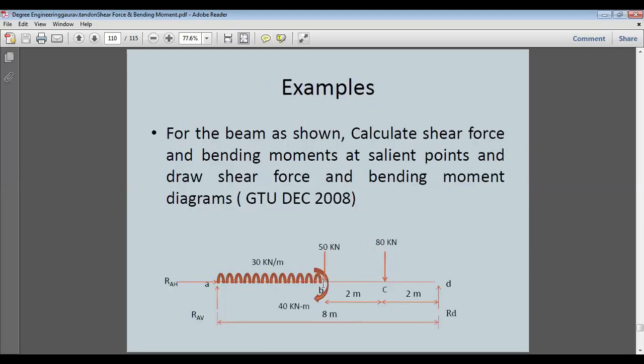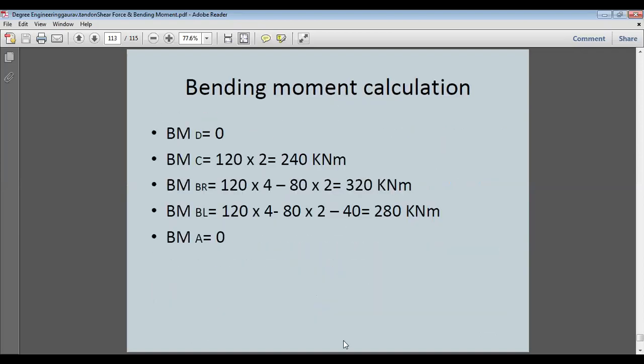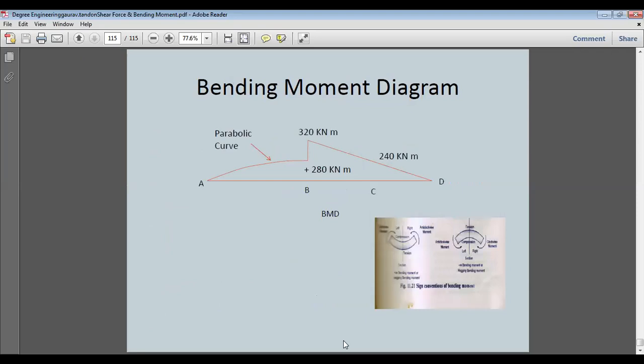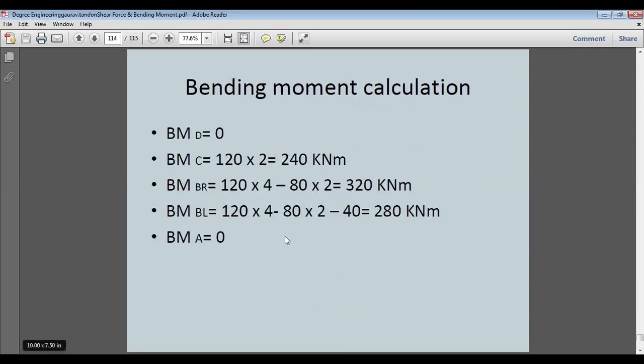We take bending moment at point B. This will be RD multiplied by 4 meter. Then bending moment because of this is 80 into 2. This will be negative. This will be deducted. So 480 minus 160, this is 320. Similarly, 120 into 4, minus 80 into 2, minus 40.